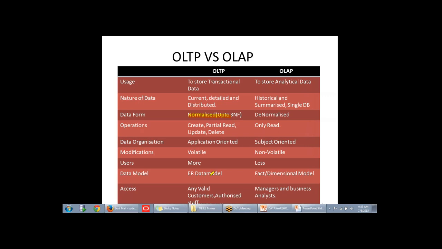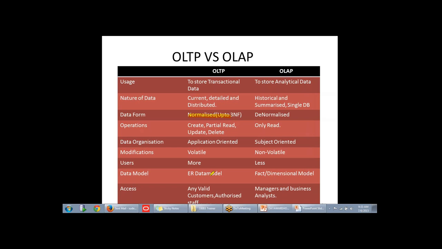So in order to avoid such conflicts, utmost care will be taken while loading data from OLTP systems to OLAP systems, and whatever data is present in individual tables will be joined and placed in a single place in OLAP.